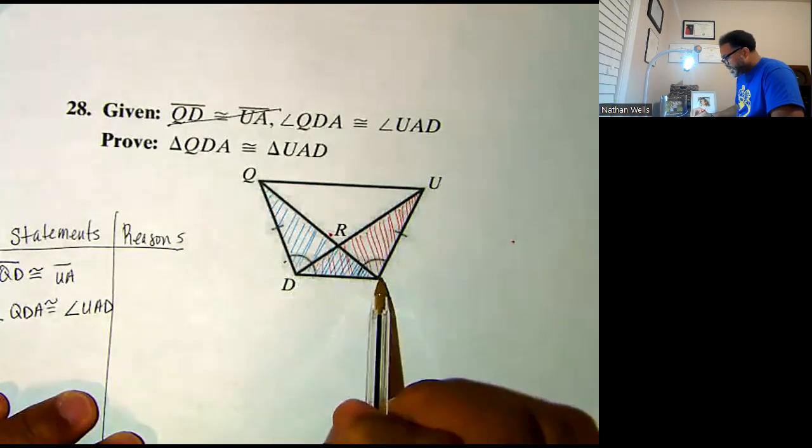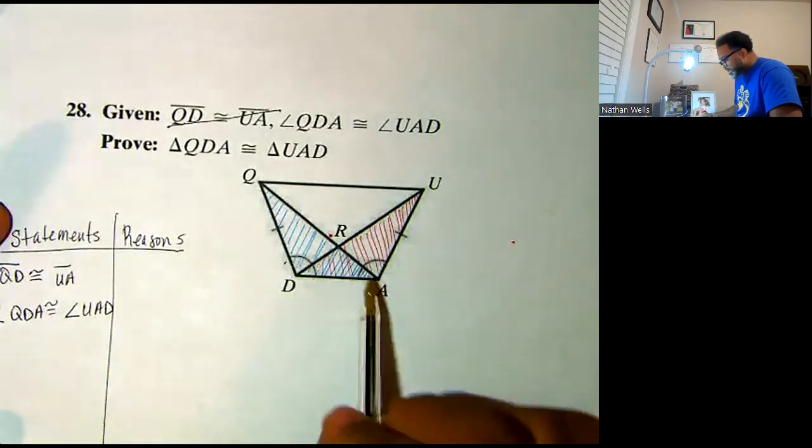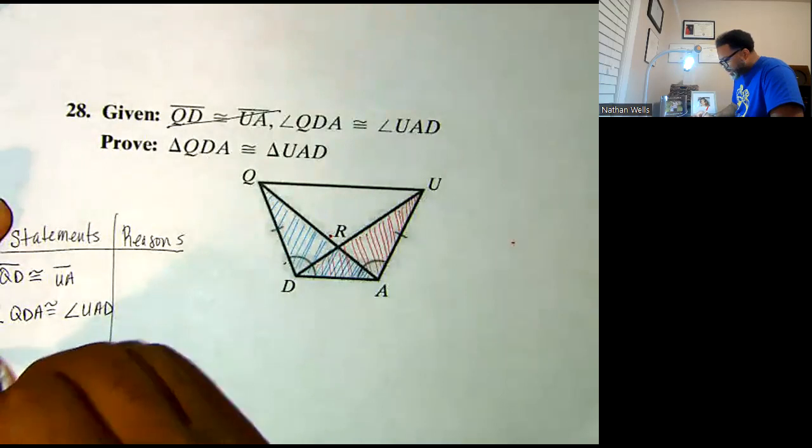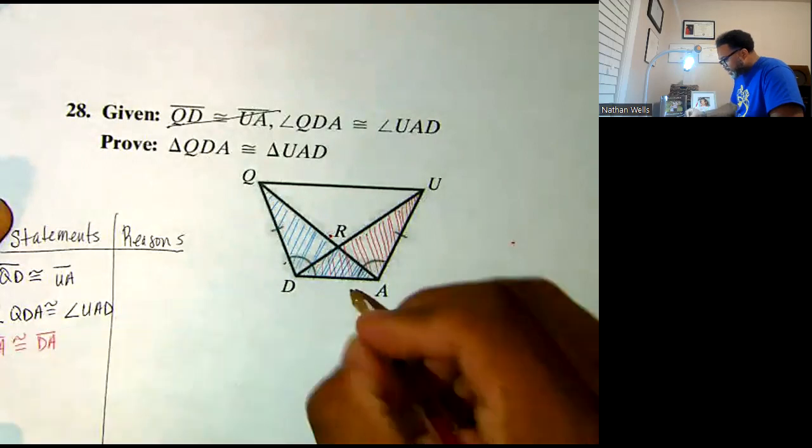Well, it's pretty easy. We did all that work in the last example during our session when we worked on this problem, but I can clearly see that segment DA is congruent to segment DA.